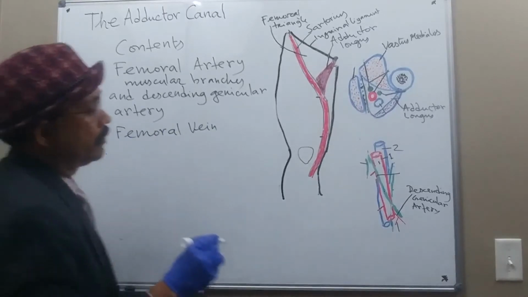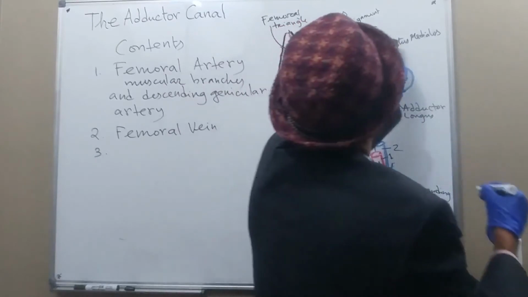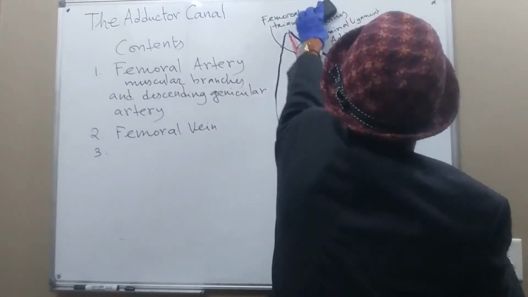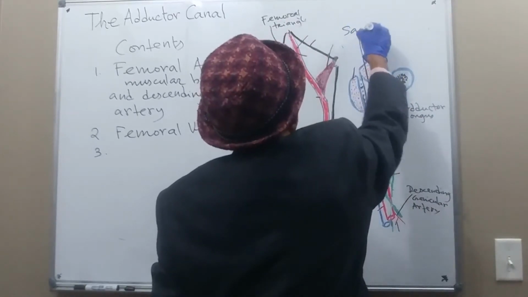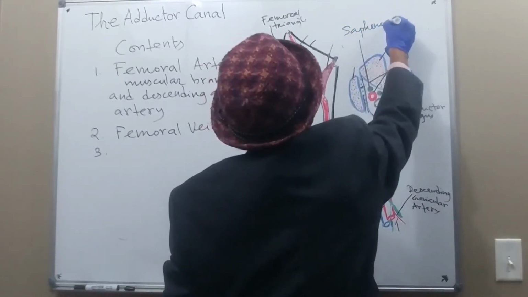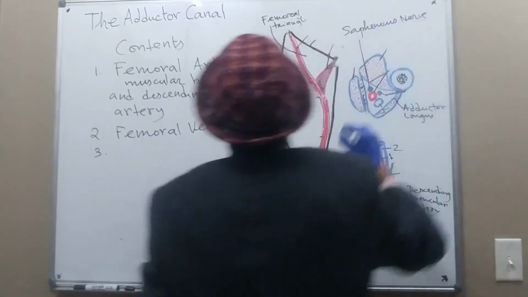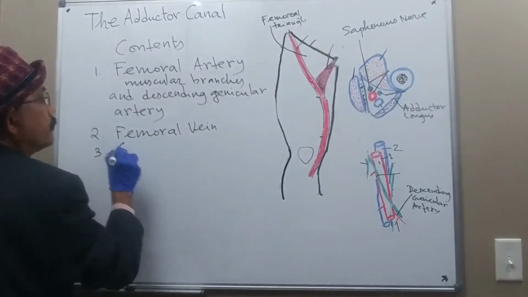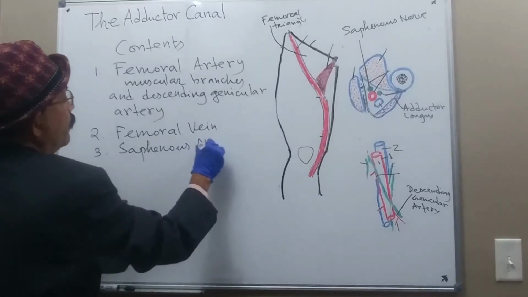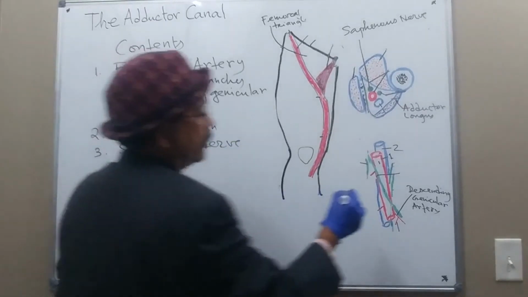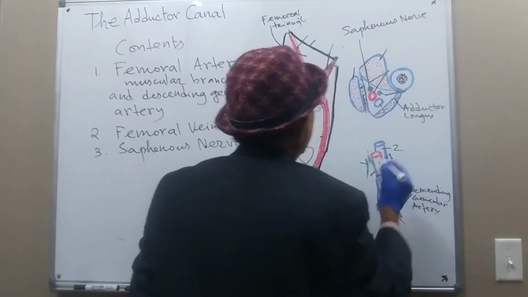Then we get the saphenous nerve. This is the saphenous nerve. Okay, that is number 3.